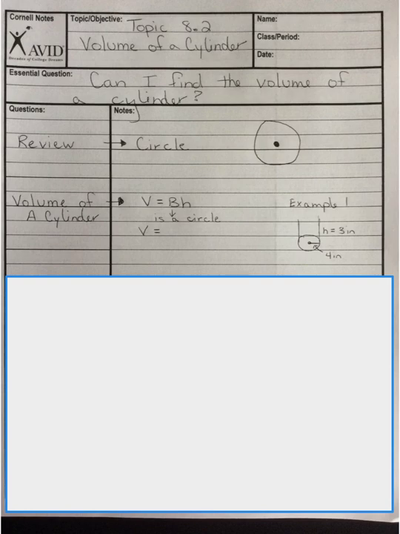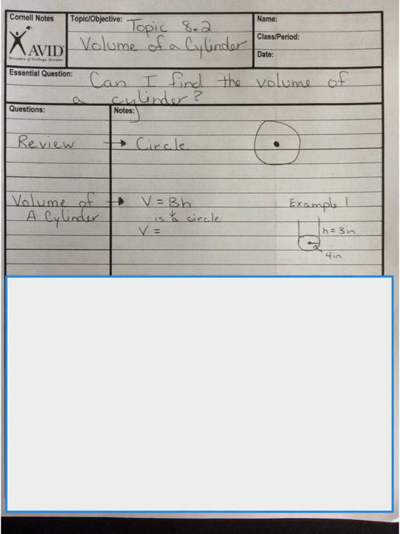So when we look at this slide, we're talking here about a cylinder and the volume of it. And what I want you to think of volume is I want you to think of filling. So think of a can of soup or think of a soda can. Those are cylinders. And we are finding out how much volume, or how much would be filled, inside the soup can or the soda can.